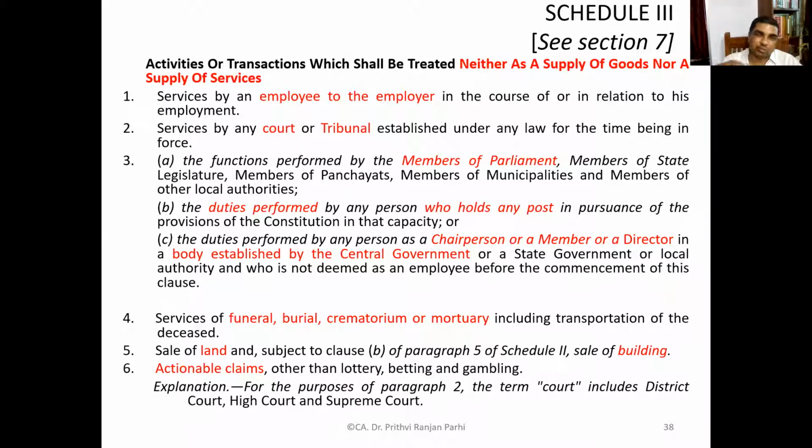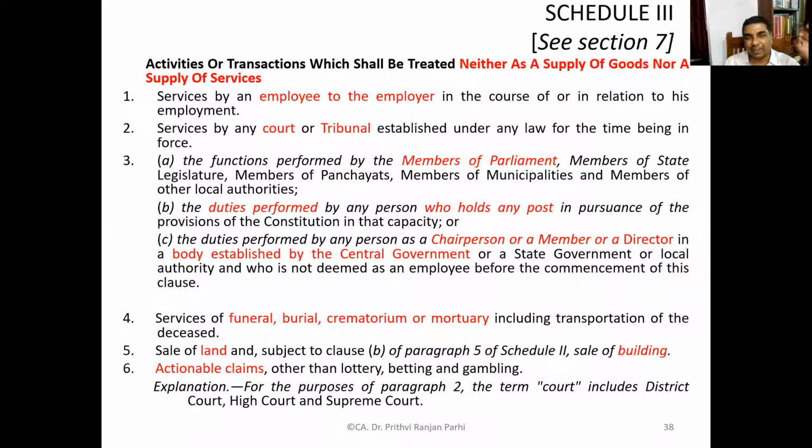Let us say someone is holding a constitutional post and in that capacity is providing some services. That is also not supply of services nor supply of goods. Then duties performed by a person as a chairperson or a member or a director in a body established by central government, state government, or local authority. That is neither supply of goods nor supply of services.